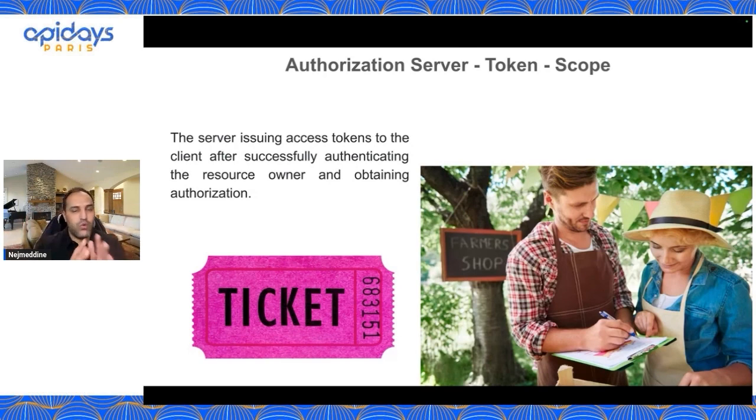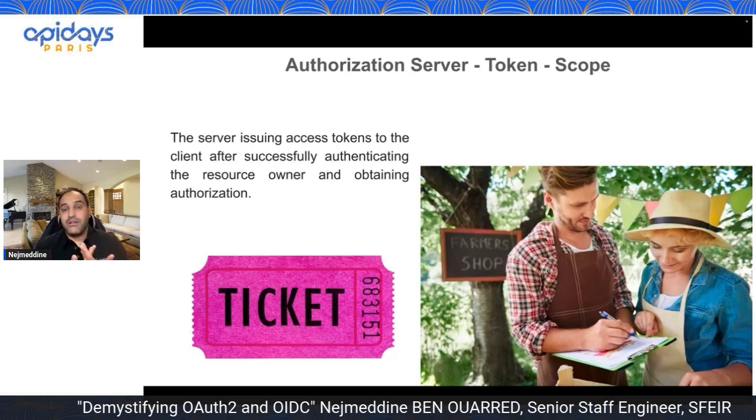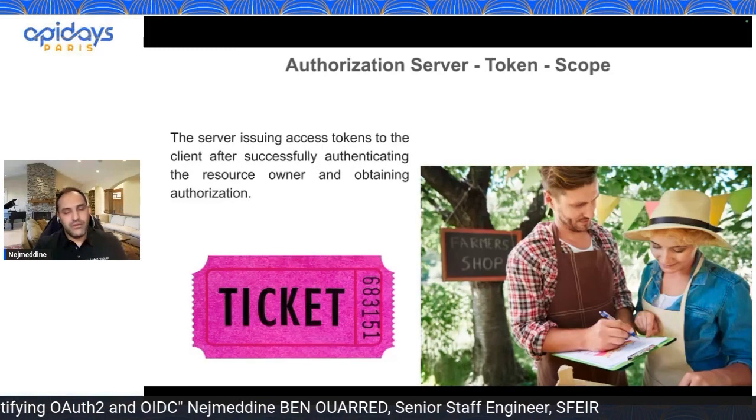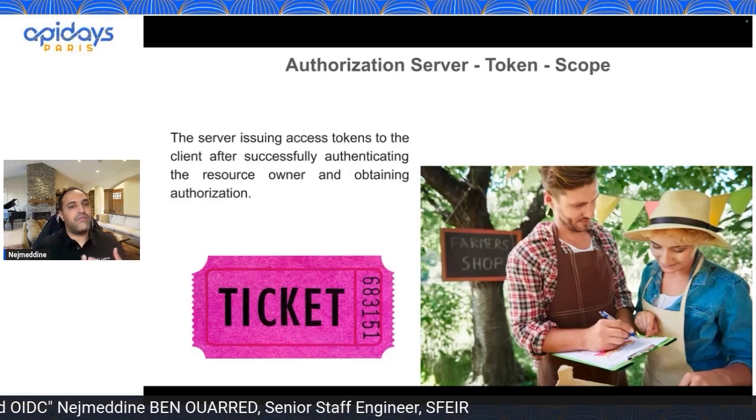He is responsible for letting in or blocking any person who wants to access or enter the farm. And for that, you need to show him your ticket. The ticket is something that you need to hold, and it's our token in the case of APIs.